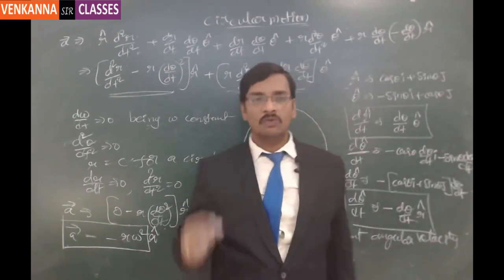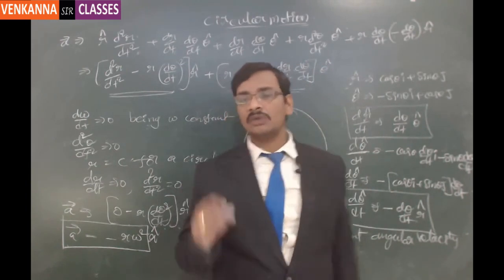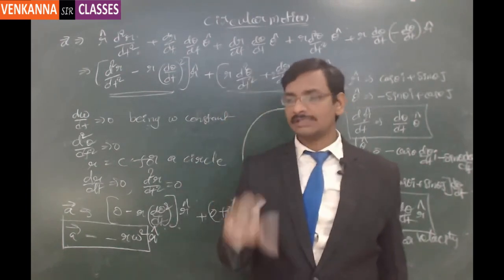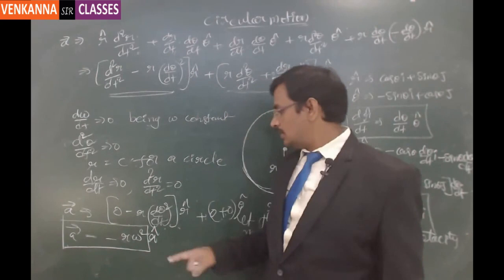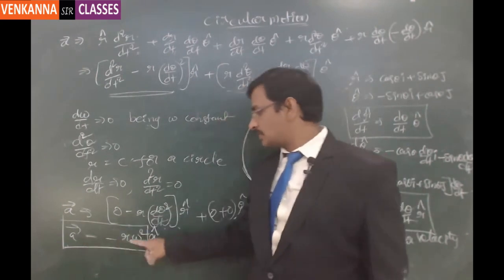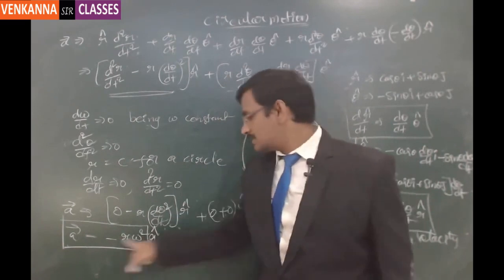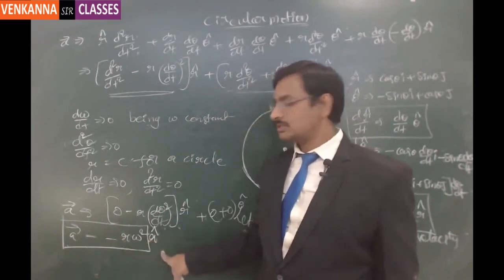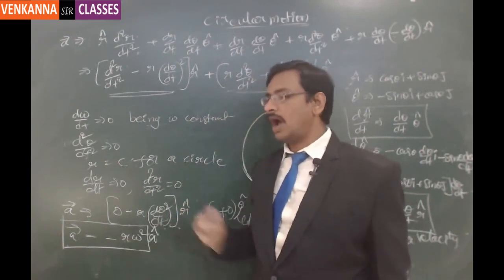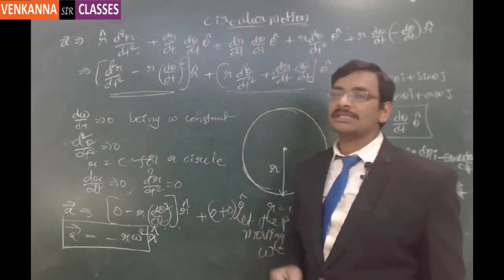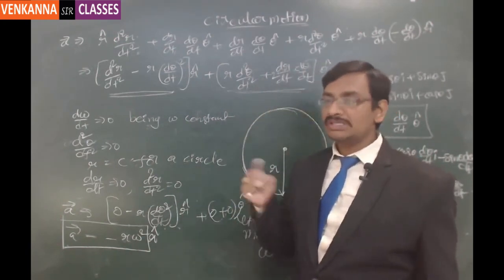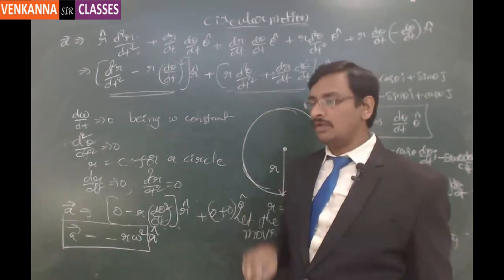As I said earlier, force and acceleration are one and the same always, except for a scalar multiplication. So if the acceleration is coming out to be minus r omega square r cap, minus r cap is the direction of the force and the magnitude of the force is r omega square.